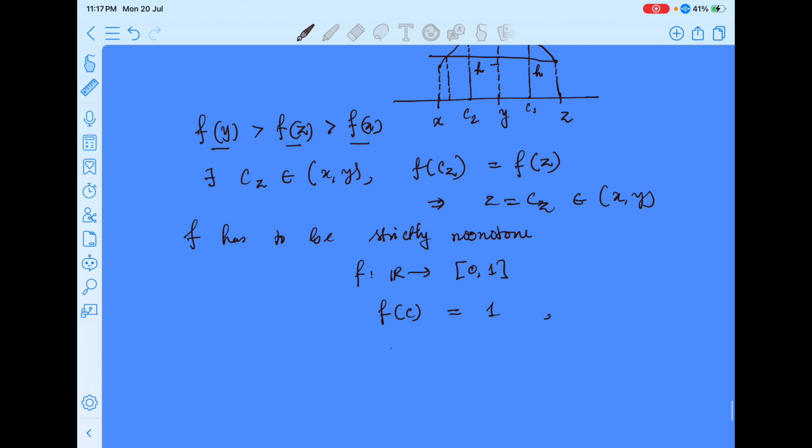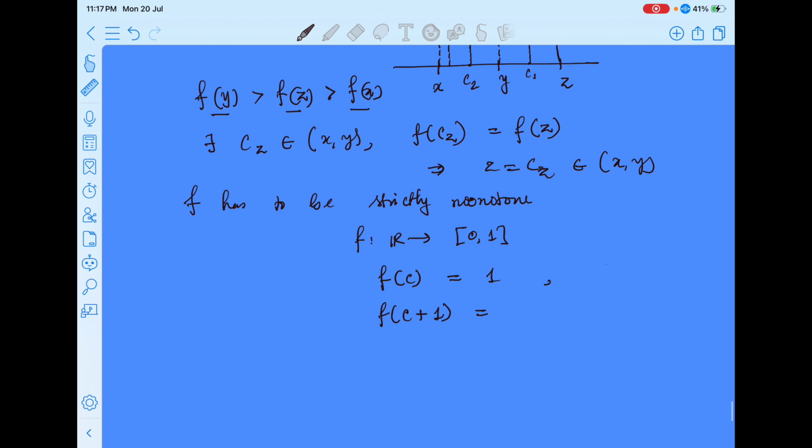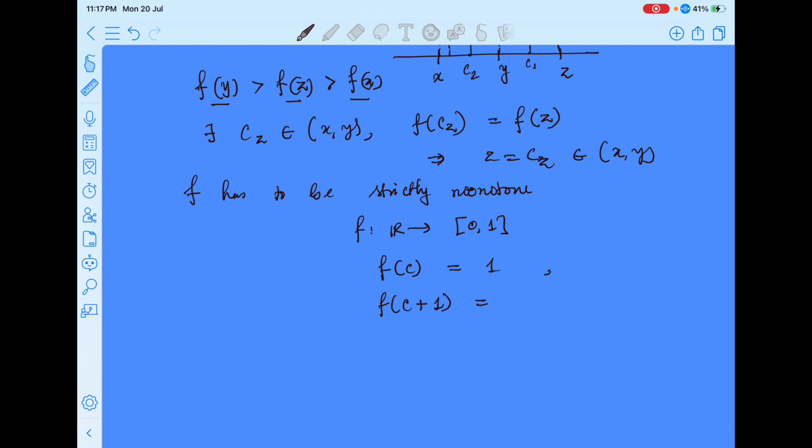So if we want to find f(c+1), first of all, let's say this is strictly increasing. If it is strictly increasing, then f(c+1) has to be strictly greater than f(c). That's not possible. Let us say that it is strictly decreasing.